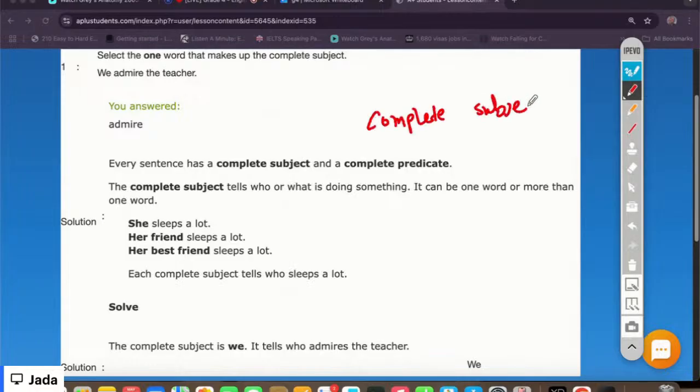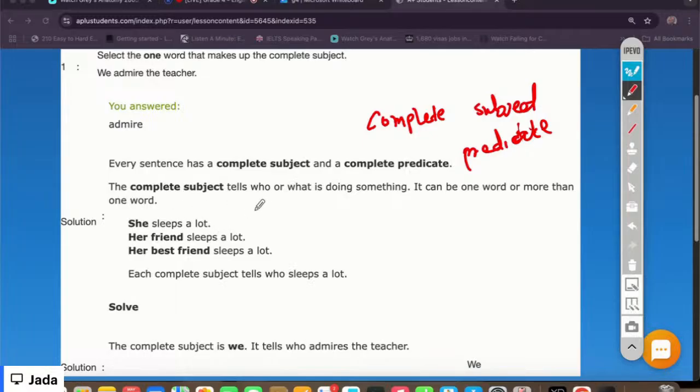One thing you need to notice is that every sentence has a complete subject and a complete predicate. This is very typical of every sentence.